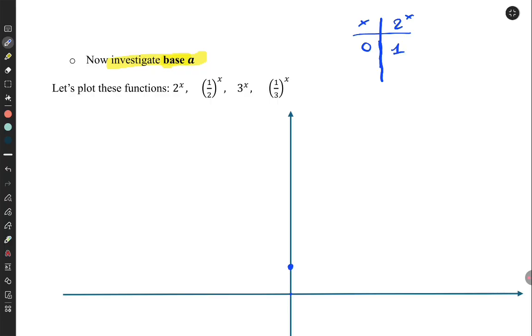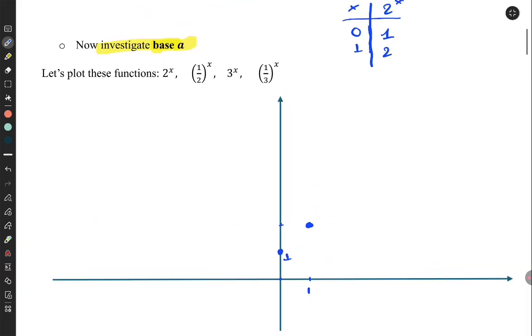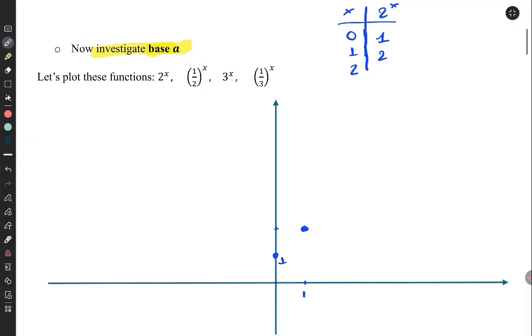If I choose 1, I get 2. And so on, you can see the pattern. For 2, I will have 4.